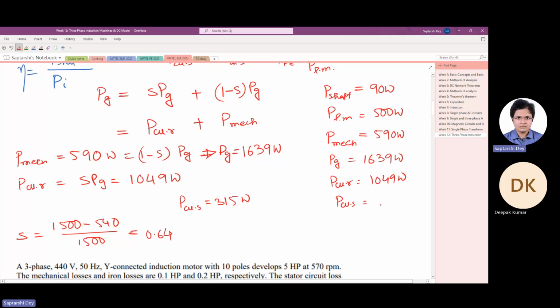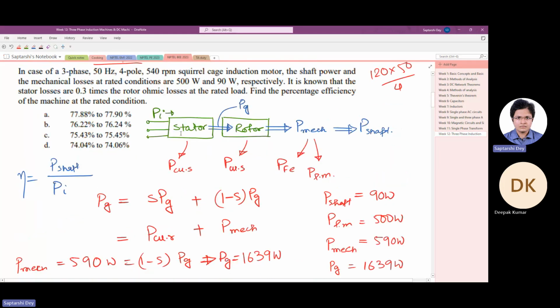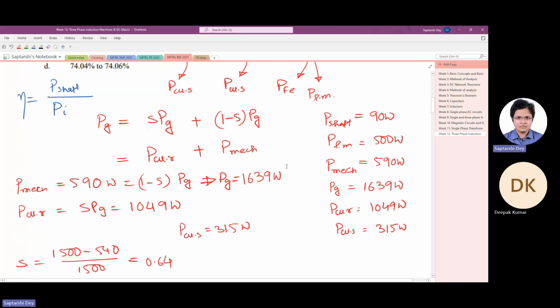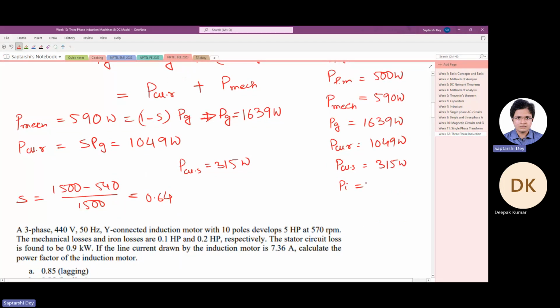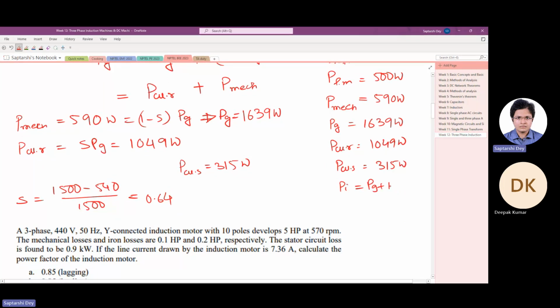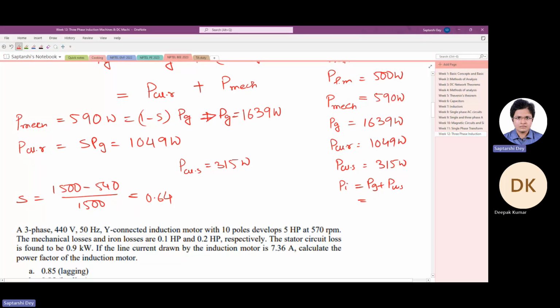Now you see one thing from this diagram, that input power is nothing but Pg plus stator copper loss. So input power is Pg plus stator copper loss, that is 315 plus 1639, which is 1954 watt.